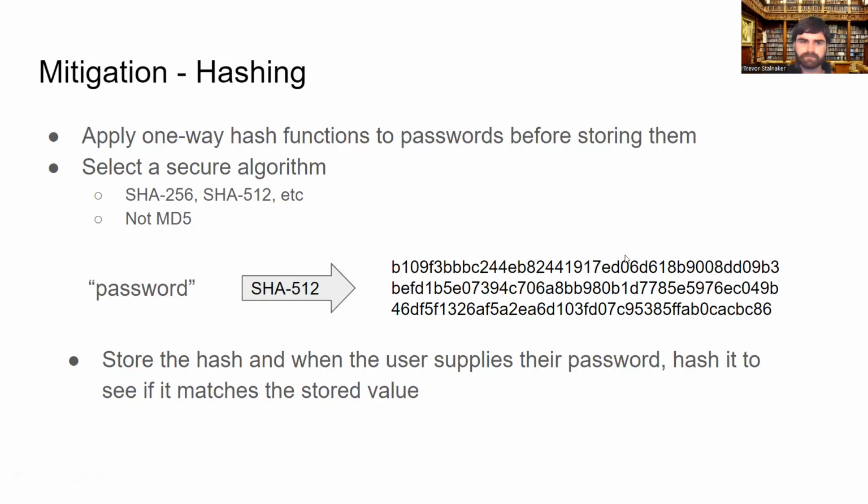One way. And when you're doing this, make sure you pick a secure hashing algorithm. You're going to want to use something that's well known, and you're not going to want to implement it yourself. So pick something like SHA-256 or SHA-512. There's tons of resources out there. Do your research. Find a good one. Don't use one that's been cracked or otherwise compromised, like MD5.